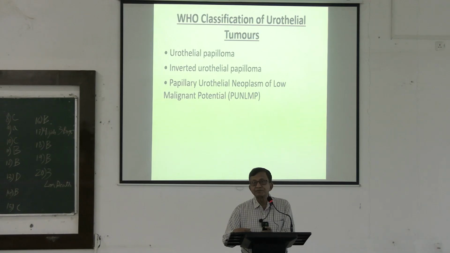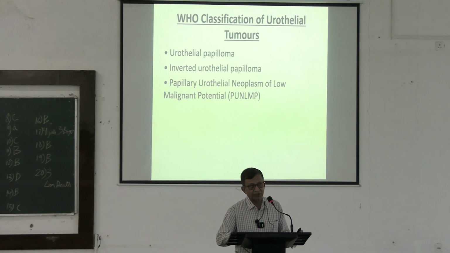Then comes stone, which can be well seen in a simple X-ray, and stone is always painful. If these two are not a possibility, then you suspect bladder tumor. Understand my point? So bladder tumor is painless hematuria.